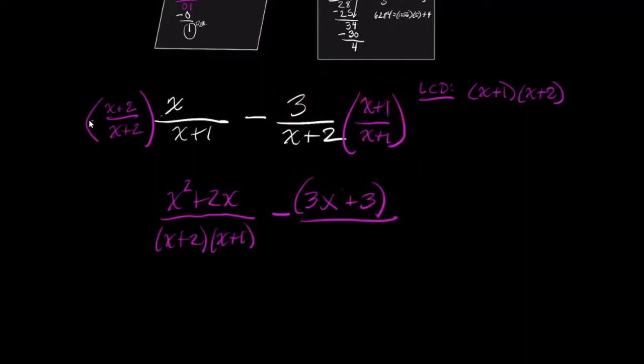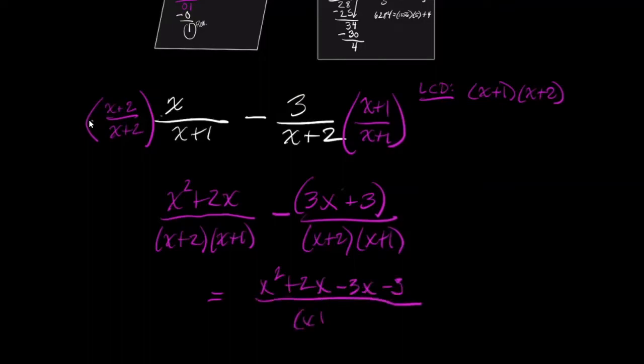In the denominator, we have x plus 2, x plus 1. When we simplify, we can write it as a single fraction. We have x squared plus 2x minus 3x minus 3 over the common denominator. Simplifying a bit, we have x squared minus x minus 3 over x plus 2, x plus 1.